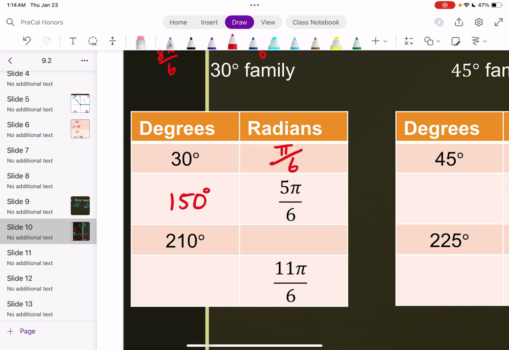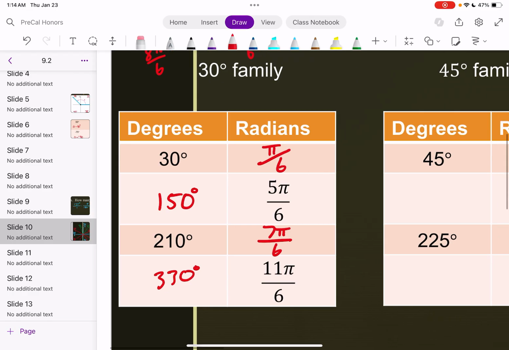If we know that 6 pi over 6 is 180, we can add 1 pi over 6, which would leave us with 7 pi over 6 on the radian side. Our last move would be 11 pi over 6. Keep in mind, if we have a denominator of 6, 12 pi over 6 would be 360. This would end up having to be 330 as our degree.